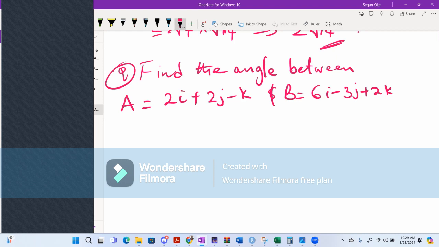So for us to find the angle, remember it's A dot B. But the formula is this.